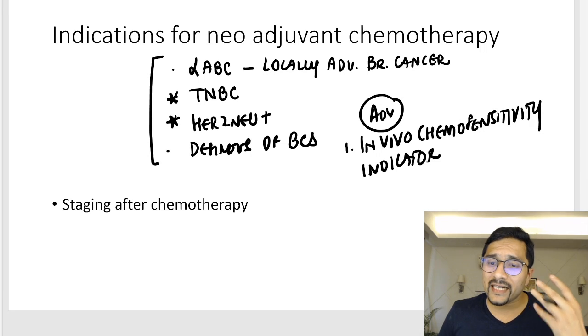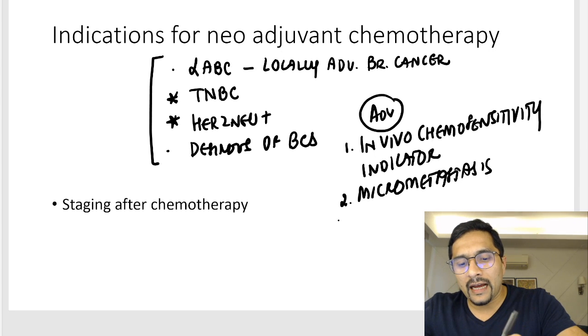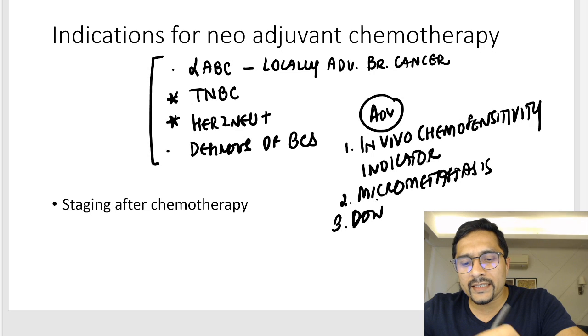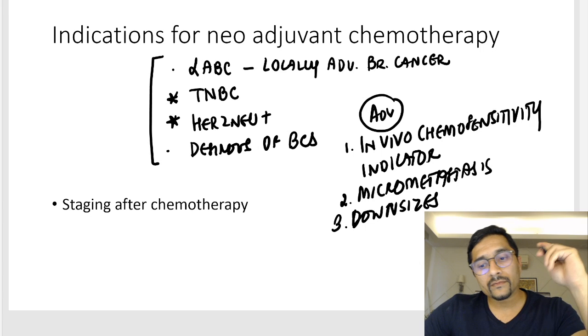So we get an indicator there. Second, it takes care of micrometastasis. And third, it downsizes the tumor and it can make it eligible for breast conservation surgery.